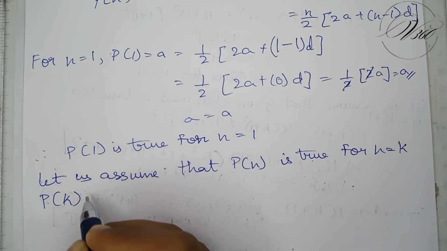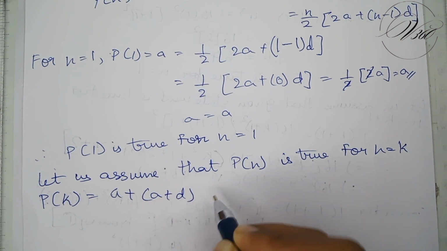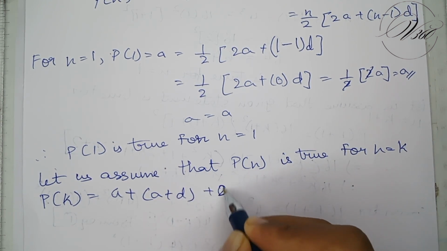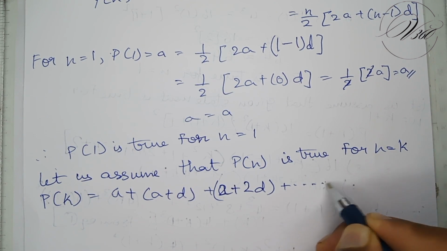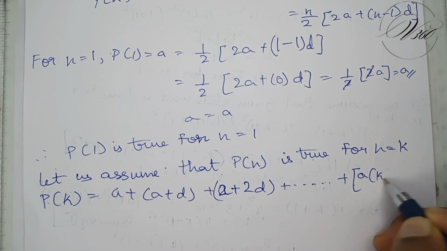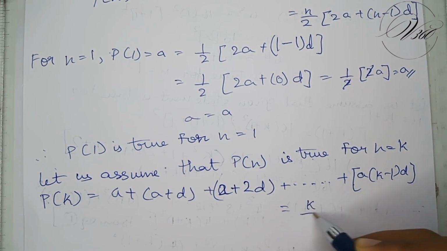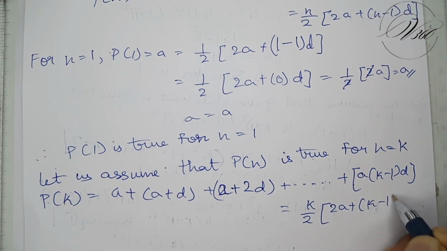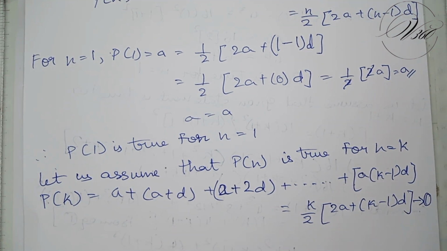P of k is equals to a plus d plus a plus 2d plus up to a plus (k minus 1) of d, that is equals to k by 2 of (2a plus (k minus 1) of d), that is the equation number 1.